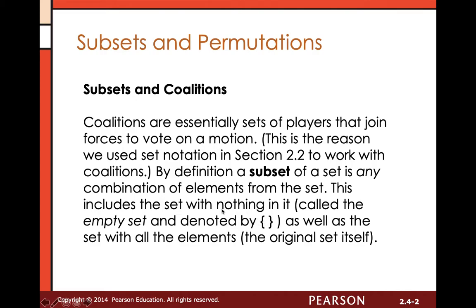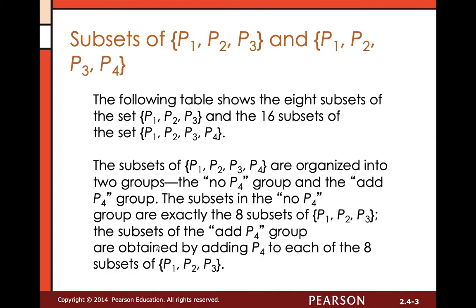You can see one here with the brackets with nothing in them. You can also see the empty set written as a zero or an O with a slash through it. It's also sometimes referred to as the null set. Those are all describing the same thing. Also, subsets can include the set which has all the elements, which is really just the original set itself.